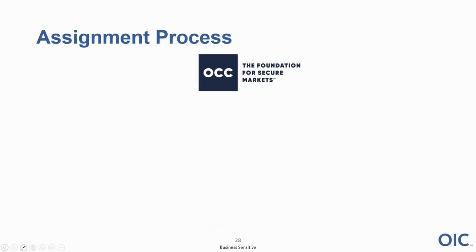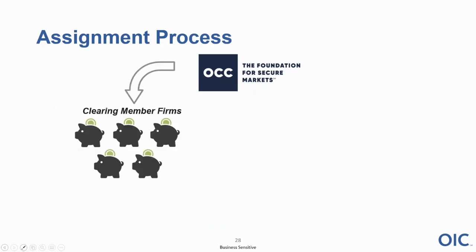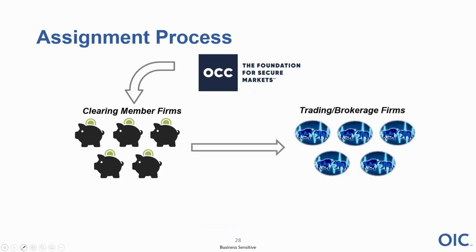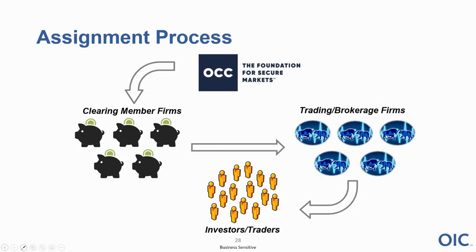And the way that process works is once OCC gets notified of the intent to exercise, OCC then randomly assigns one of our clearing firms, who then typically randomly assigns one of their trading firms, who then typically randomly assigns an investor that has a short position.